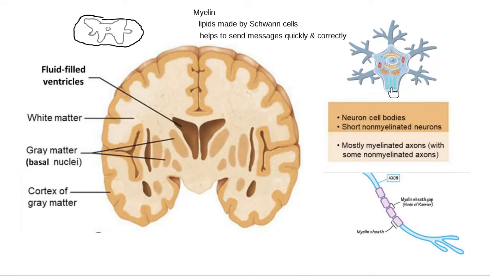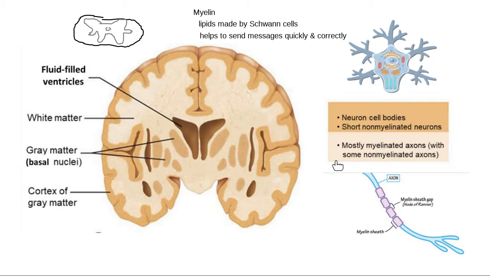Remember that this is the part of the neuron where I do summation, where I add together a bunch of messages, put them in a blender, mix it up, see what spits out. I do the processing of those messages that I get at the dendrites here at the axon hillock. So the other thing that gray matter in the brain is going to do for me is it's going to help me to process.